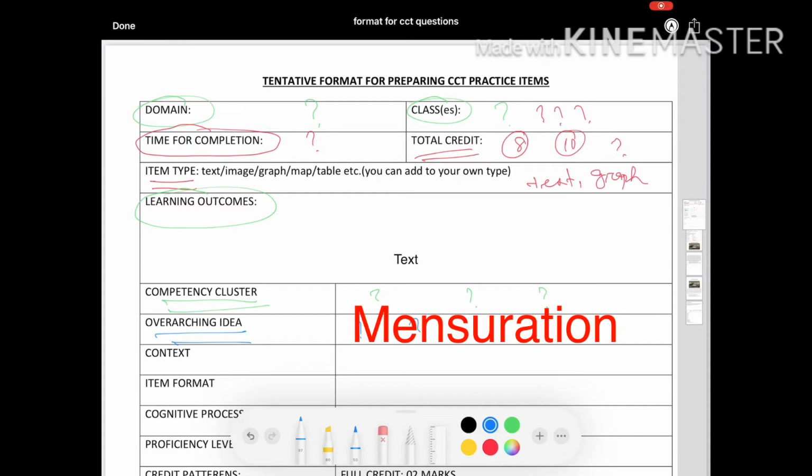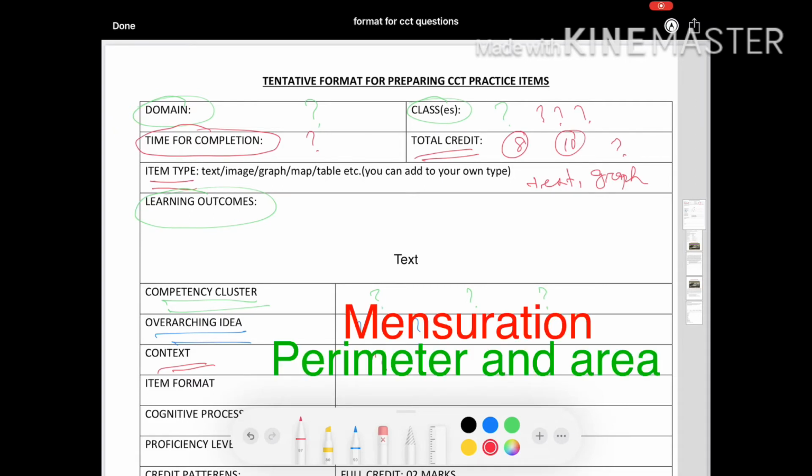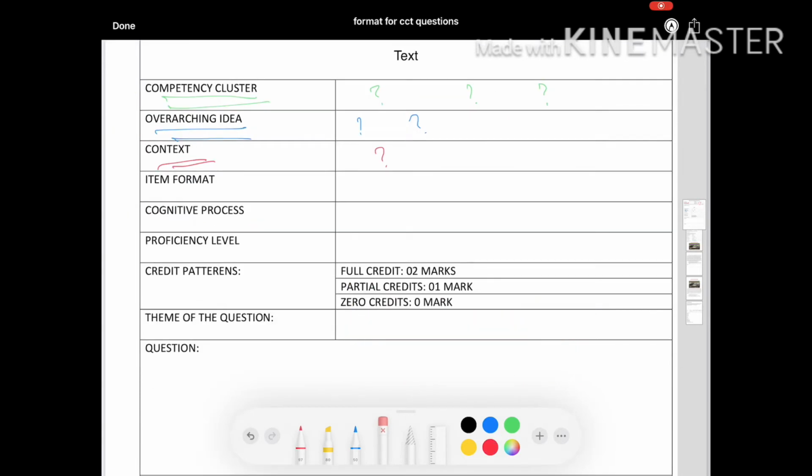Means the name of the whole unit we have to write here. Next is context. The particular concept on which the question is based, that we have to write here. Suppose we are preparing the question on perimeter and area, then the overarching idea is mensuration, and for context you write perimeter and area.